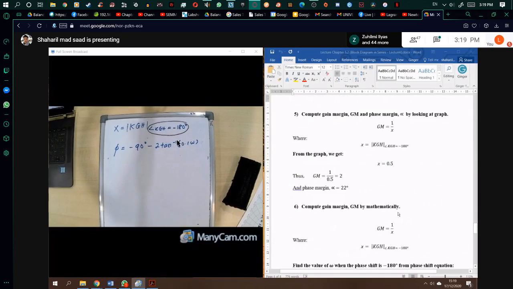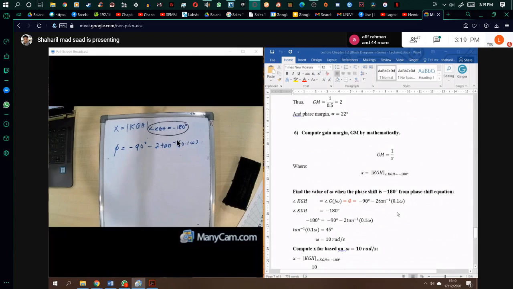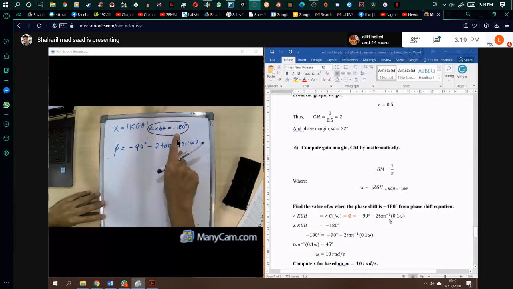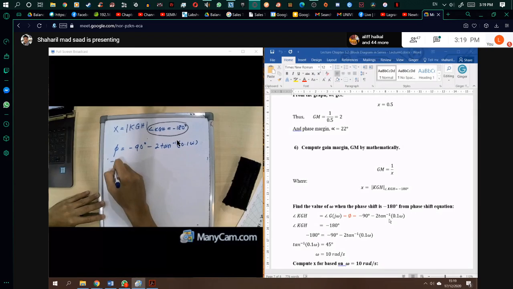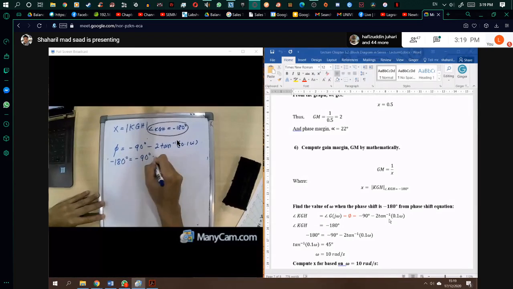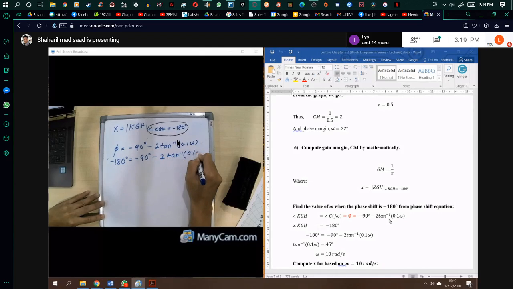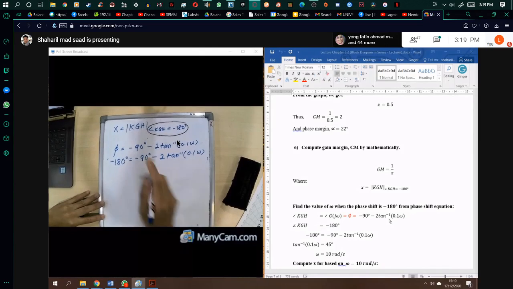Okay, so what you can find out is that this one equals minus 180, that means 180 degrees equals 90 degrees plus 2 inverse tangent 0.1 omega. So we are going to find the omega.